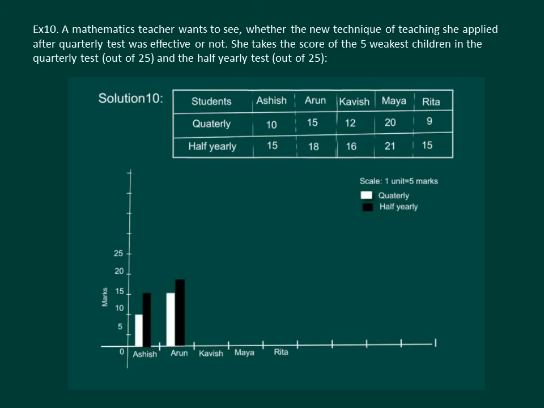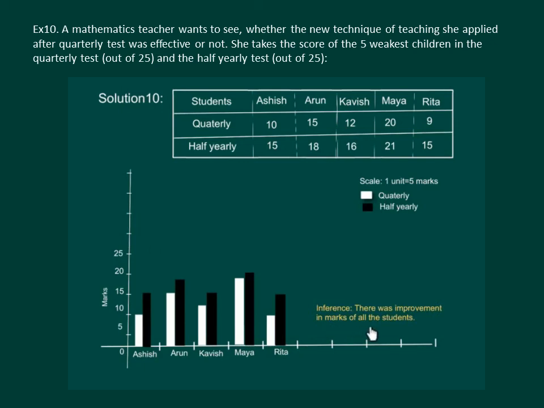Similarly, she drew Arun's marks. Similarly, she drew the adjoining bar graphs for all the students and found that there was an improvement in marks of all the students, and hence she decides that she should continue to use the new technique of teaching.